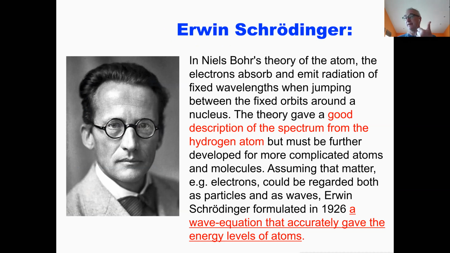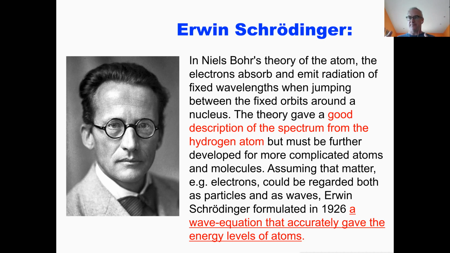It's Schrodinger who came up with this idea that maybe Bohr's plan doesn't work for these more complex things because he's not thinking in a sufficiently complex way. Maybe these aren't particles. Maybe they're waves. What if we treat them like waves?